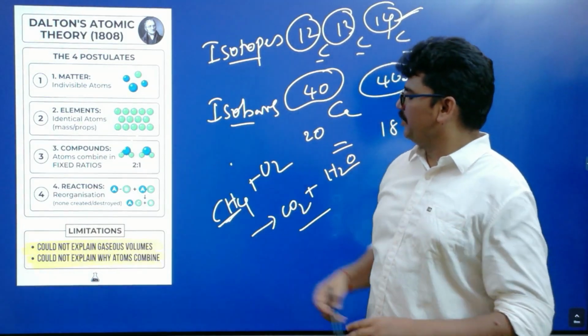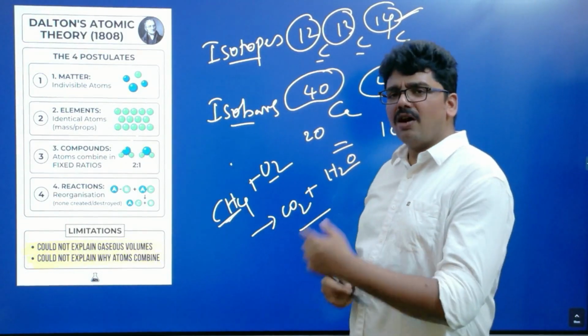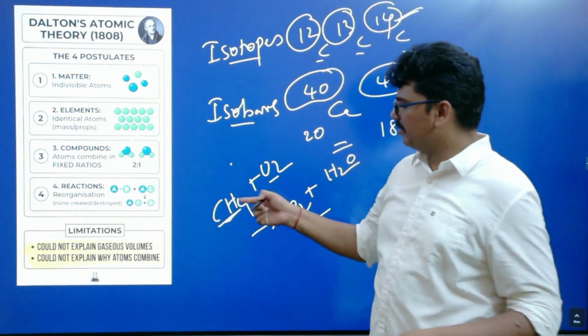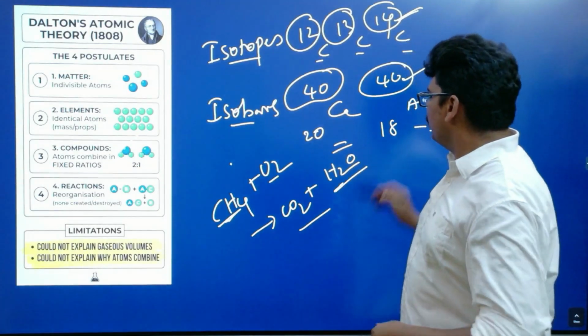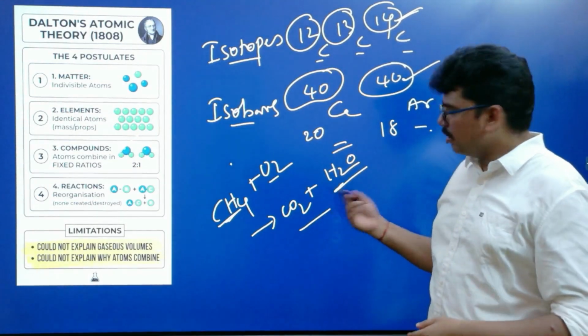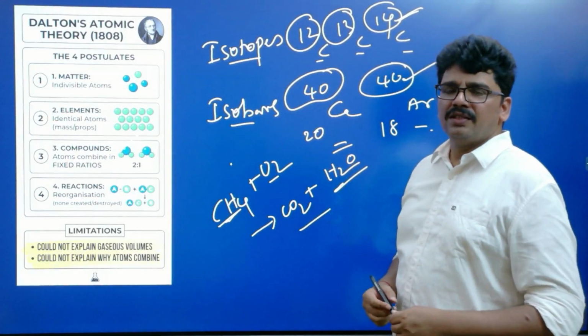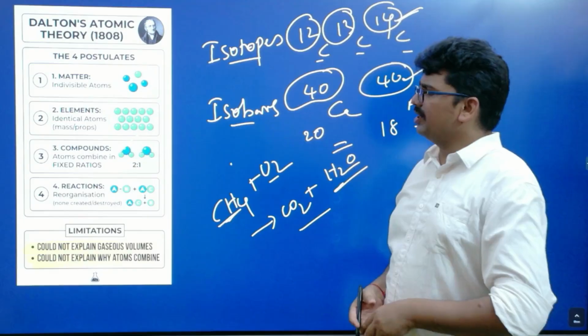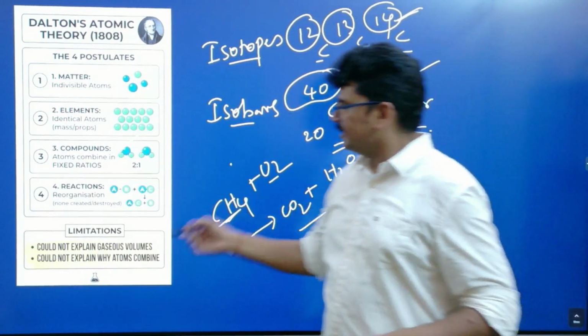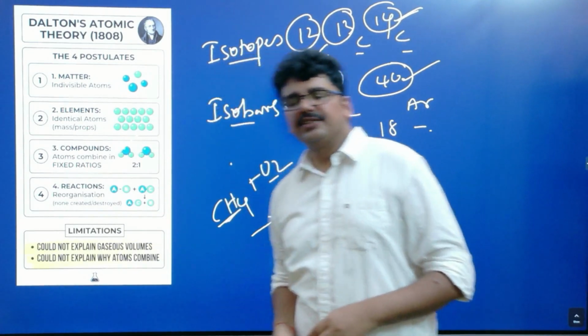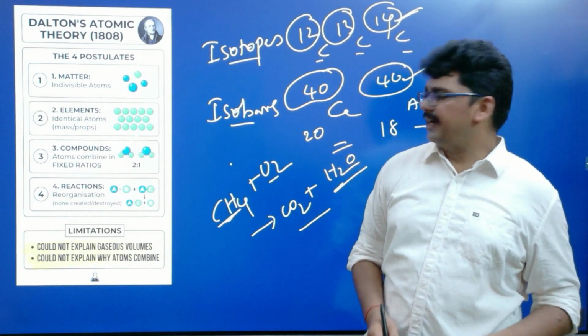The bonds present in methane and in oxygen break. That is breaking of bonds in the reactants. Next, new bonds are formed in carbon dioxide and in water. That is formation of bonds. Simply, it is a rearrangement of bonds and atoms. So a chemical reaction is a reorganization of atoms.